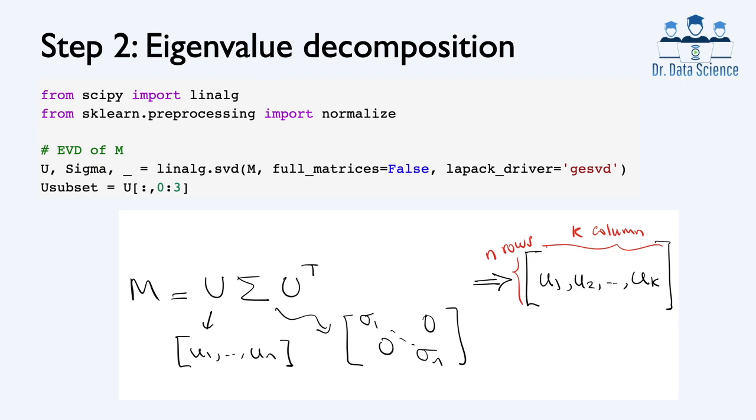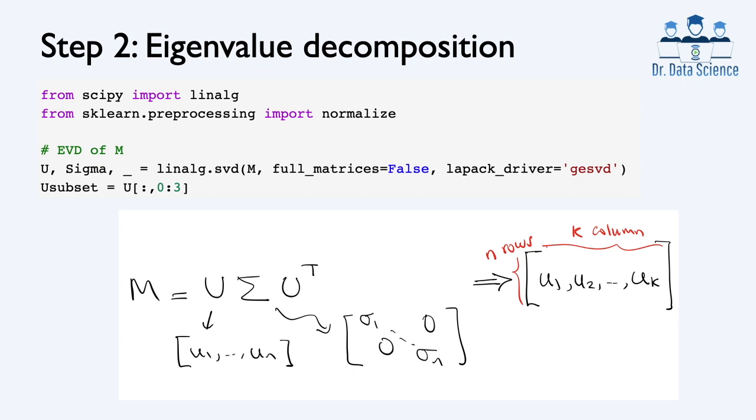So when you're using the matrix M, you're going to keep the eigenvectors corresponding to the largest eigenvalues of the matrix M. It is common to keep exactly the same number of eigenvectors as the number of clusters that you want to find. So in this problem, we had 3 clusters.